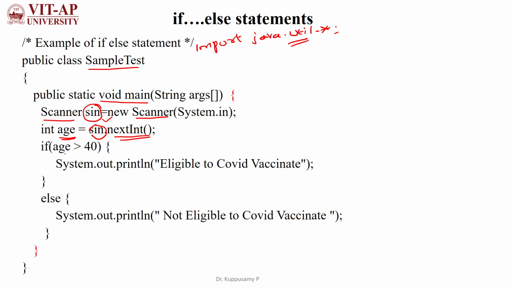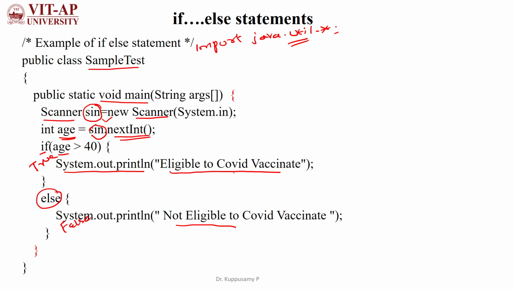Once the age is obtained, we compare: if age is greater than 40, we use System.out.println, the output statement, to print eligible to covid vaccinate; otherwise, not eligible to covid vaccinate. So the if else statement gives an either-or choice. This is the true block and this one is the false block.